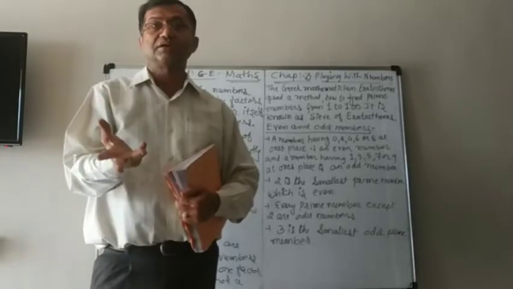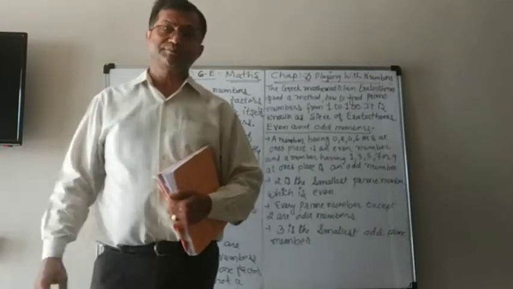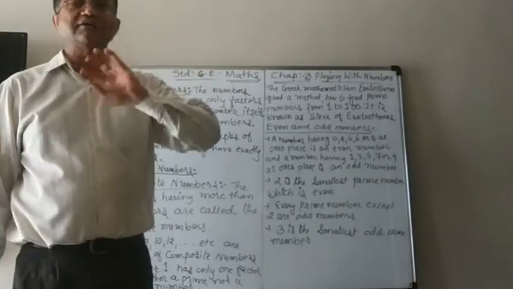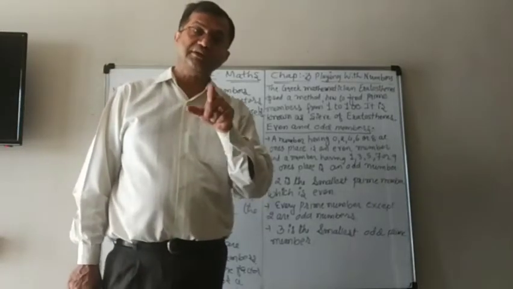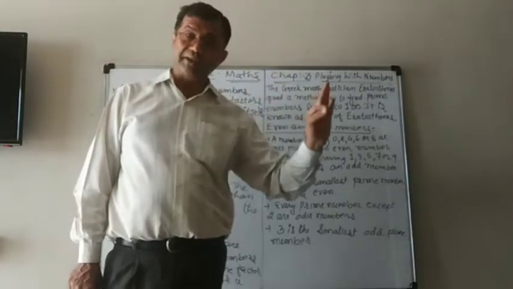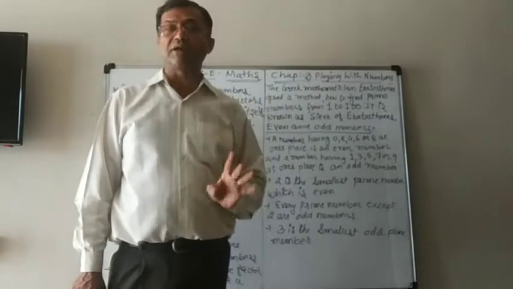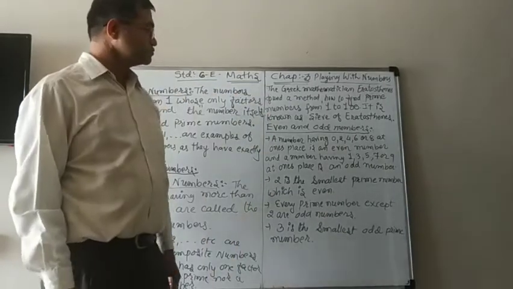Then 3, and so on until all the numbers are used up. Means either they have a cross mark or they have a circle around them. The circled ones are the prime numbers, and those having a cross mark, except number 1, are the composite numbers.